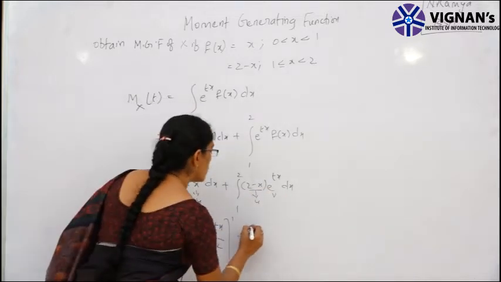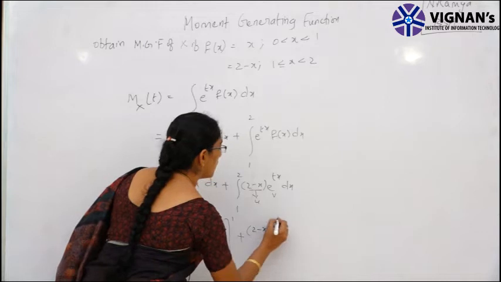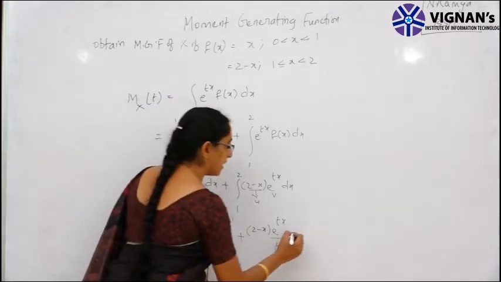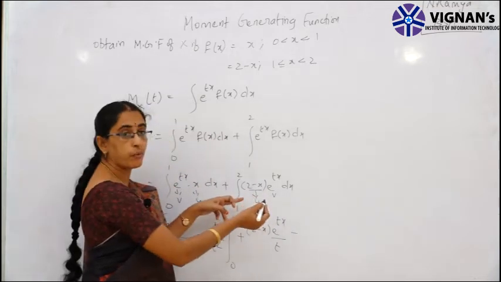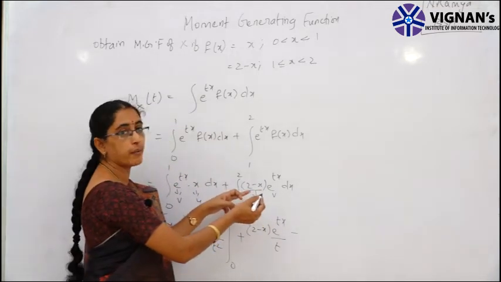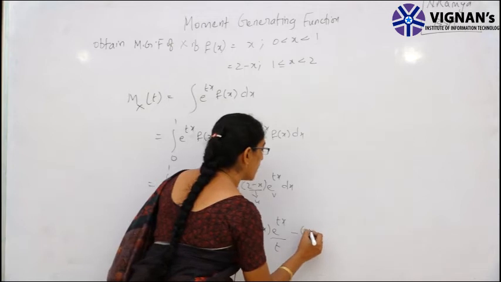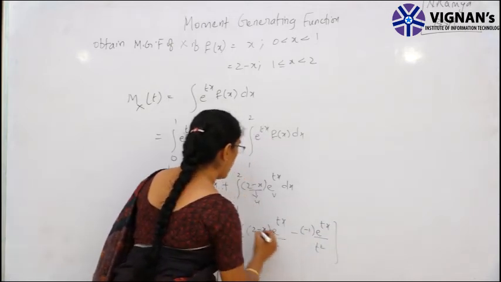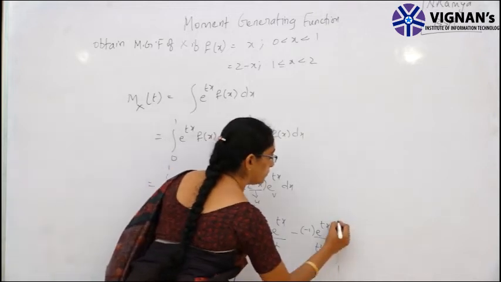So, 2 minus x into integration of e power tx, which is e power tx by t, minus, now differentiation of 2 minus x: 2 is 0 and minus x is minus 1. So, minus 1 into e power tx by t square from 1 to 2.